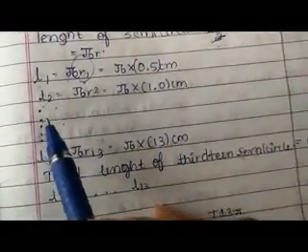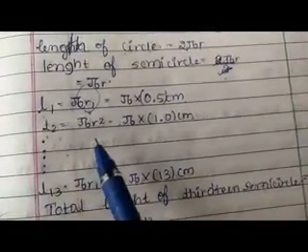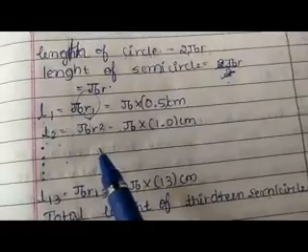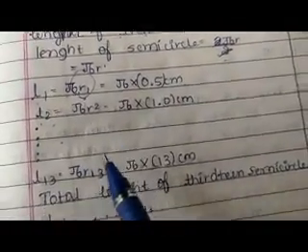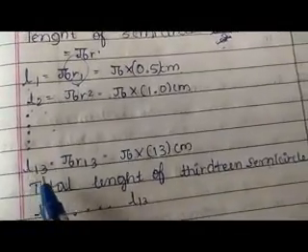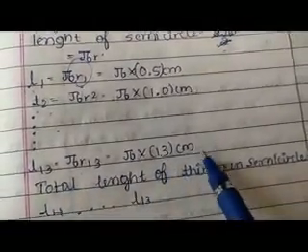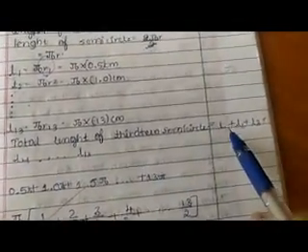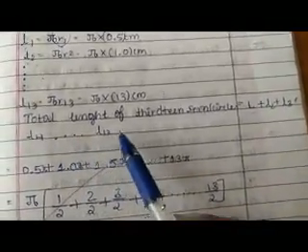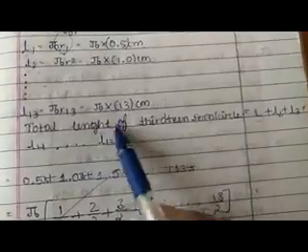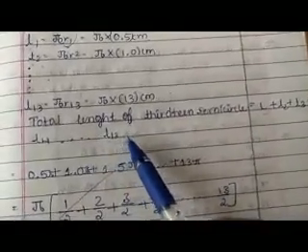Then L3 you yourself can tell, pi into 1.5. Okay, so like that if you go, L13, pi into 13 centimeters. So the total length of the semicircles will be L1 plus L2 plus L3 plus L4 dot dot dot up to L13, because they want the total length of 13 semicircles.